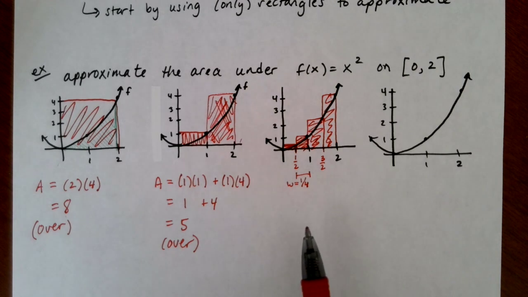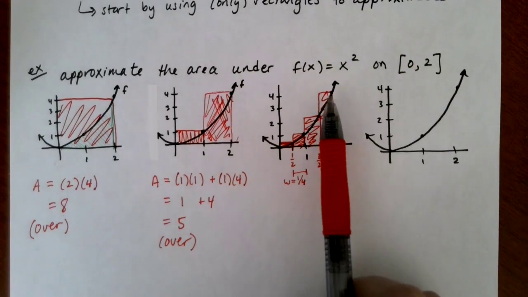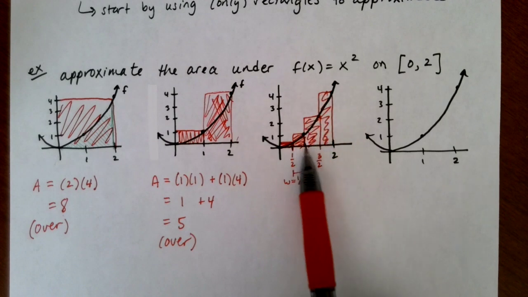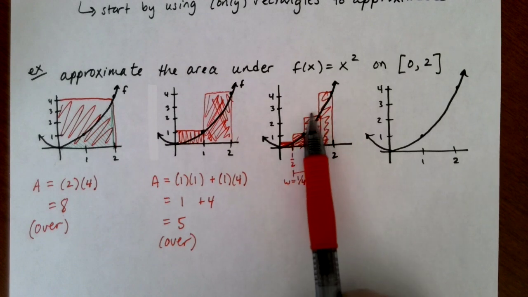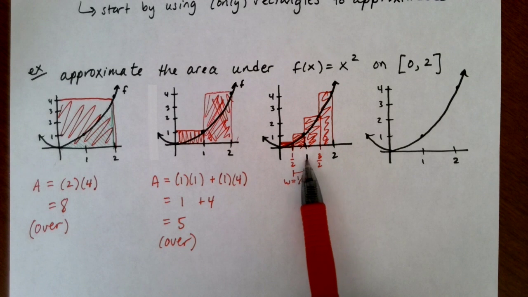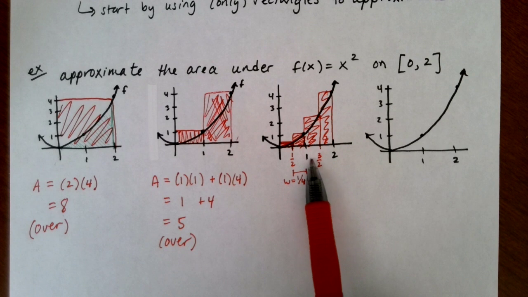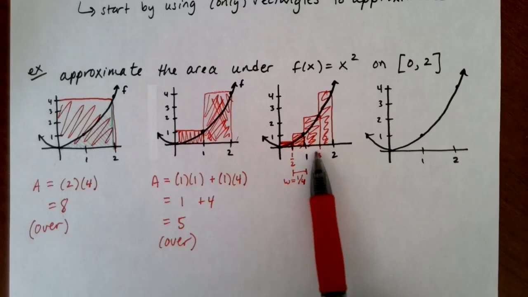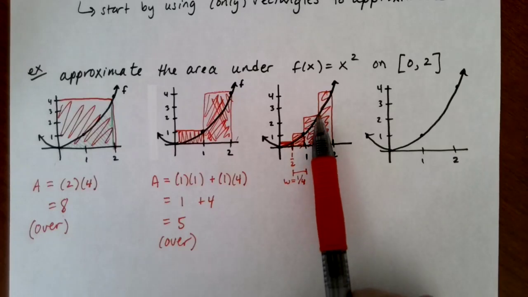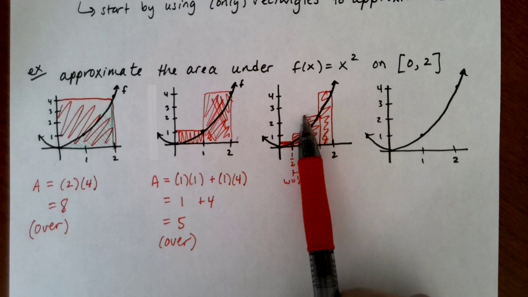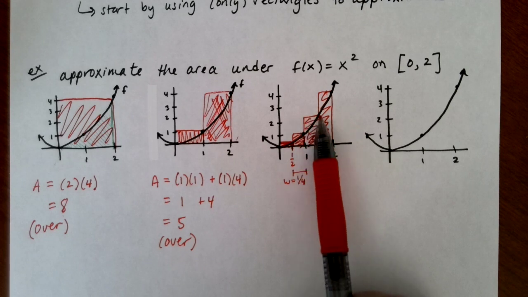All right, if this one is height 4, let's think about the next tallest one because it'll be easiest to look at. So the rectangle whose base goes from 1 to 1.5 right here. I took the subinterval 1 to 1.5, and I took the rightmost number in it, so that's 1.5 or 3/2, and I went up to the curve and just used the height of that point to set the rectangle's top.